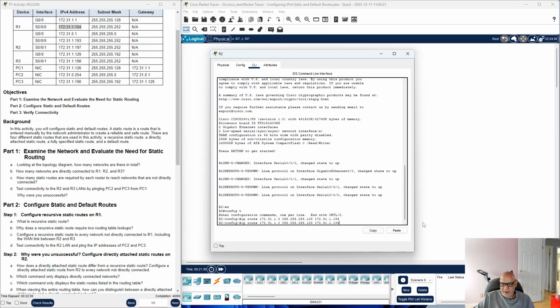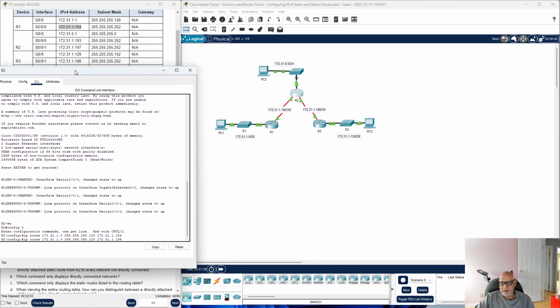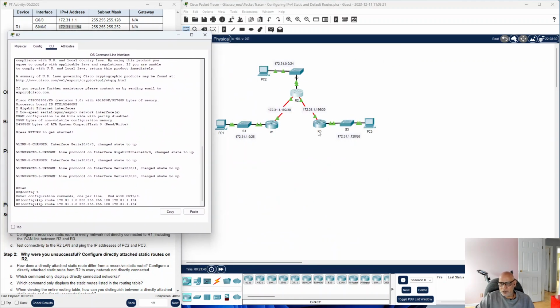Now the next network that is not directly connected to R2 is this one, 172.31.1.128. Let's change the network ID first.